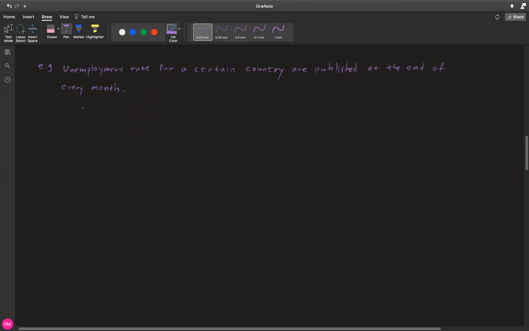For October 2020 it was 7.3%, and November of 2020 is given as 7.1%.